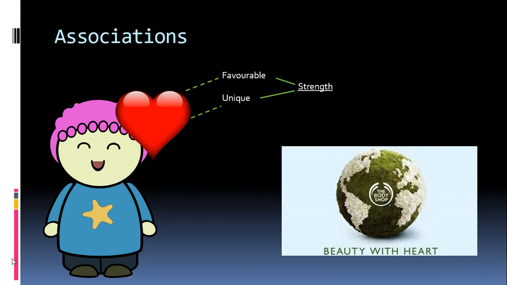So that's that distinctiveness that Mark Ritson talks about. So having some kind of source of differentiation that makes them stand out, so they're not just the same as every other brand, but they've got a more specific, unique identity that's something that the consumer's interested in. So I just use the Body Shop.